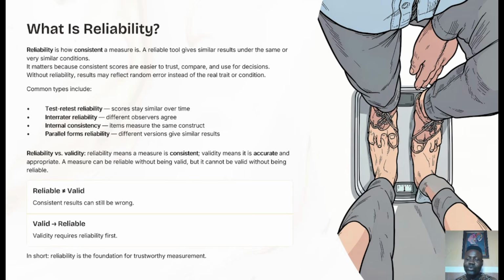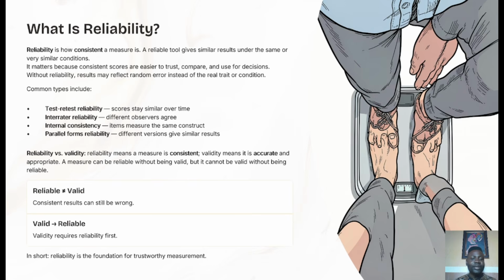Maybe we want to taste cake, and the people are bakers who are experienced, we develop the skill for them, and two of them ate the same piece of cake and checked the results, and when we looked at the two results, they are the same. So for them to be the same, it is reliable. That instrument we developed is reliable. Now we have internal consistency, items measuring the same construct and all of that.